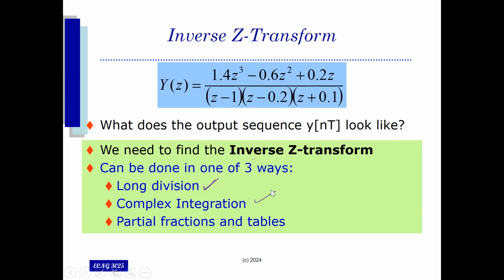Complex integration is actually the way that if I give you a very involved transform to find the inverse, that is how we have to do it. That is how some of the more complicated inverse Laplace transforms have been done. And then partial fractions and tables is the one that invariably, for our undergraduate work, we tend to use.